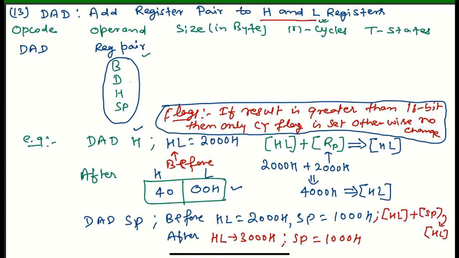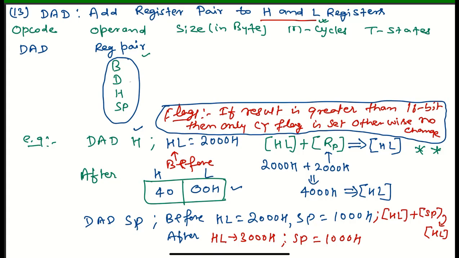No flags are going to be changed if the result is not greater than 16 bit. If the result is greater than 16 bit, then also only the carry flag will be set. The rest of the bits like sign bit, zero bit, auxiliary carry, parity bit, there is no change. So this is the key point you must remember for this instruction.